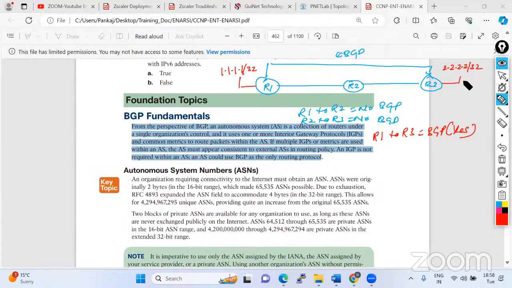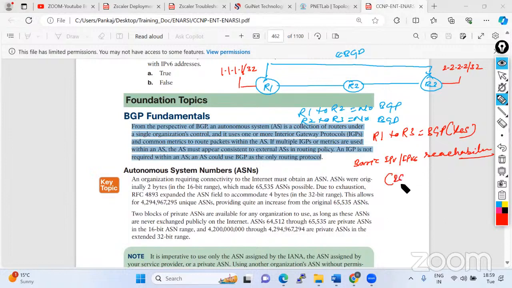These are two loopback addresses, right? The only condition is that you have basic IP reachability between these two loopback addresses, IPv4 or IPv6 if you are using IPv6 addressing. That's all. So how is the reachability going to form? Because BGP will only be built if you have the reachability.